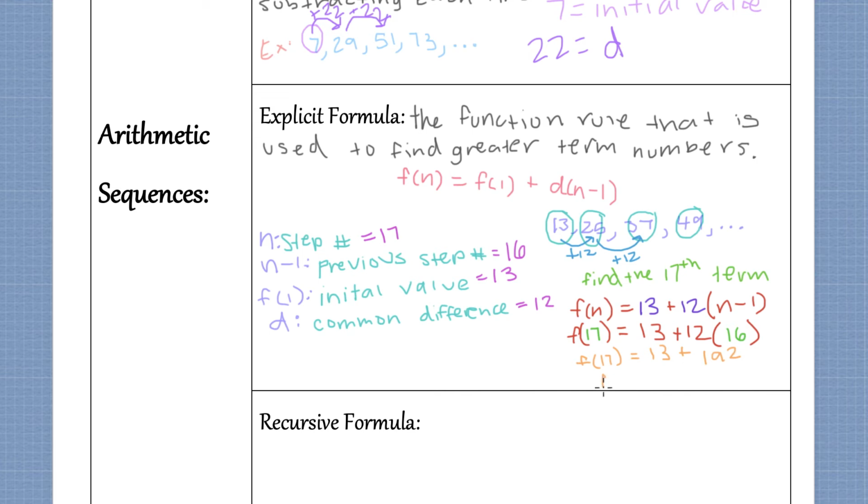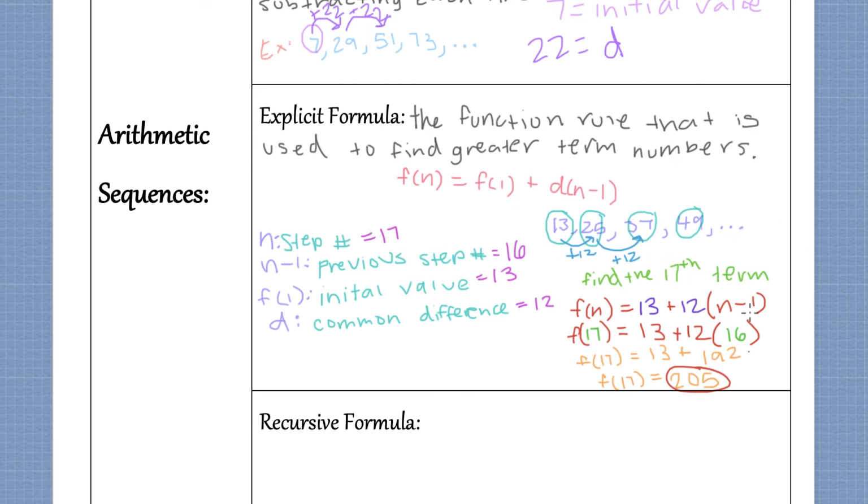And so f of 17 is equal to 13 plus 192, which is equal to 205. And so f of 17 is 205, and remember f of n is the step number, and so our 17th term is going to be 205 right here. And that is the 17th term.